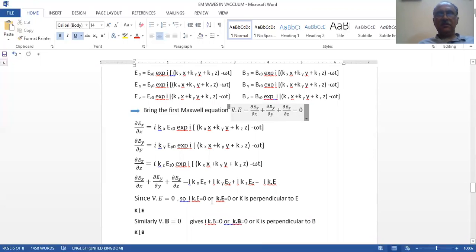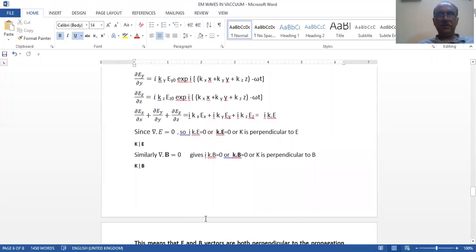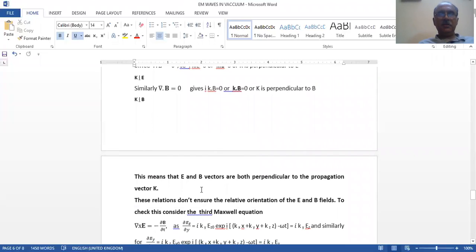This means that the propagation vector k is perpendicular to E. The same can be repeated for the divergence of B, which again gives that k is perpendicular to B. So k is perpendicular to E and k is also perpendicular to B. This means that E and B vectors are both perpendicular to the propagation vector k.